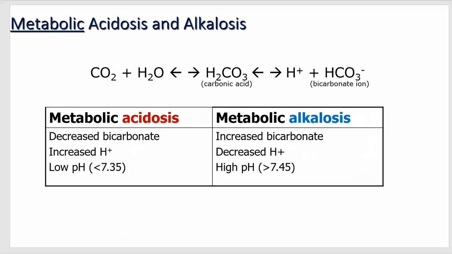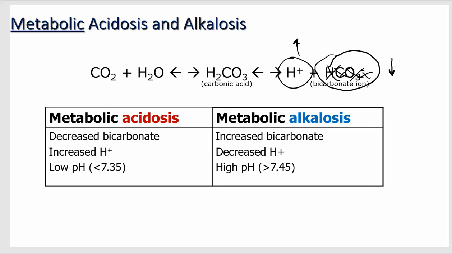We see the same thing with metabolic in terms of the pH, but what we look at is the bicarbonate. With acidosis, we're going to see decreased bicarbonate, which means we're going to see an increase in hydrogen, and that's going to cause our low pH.